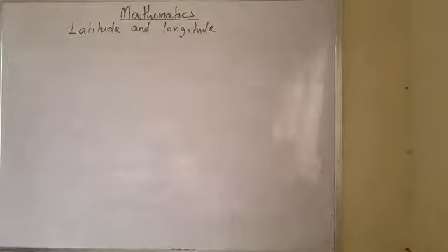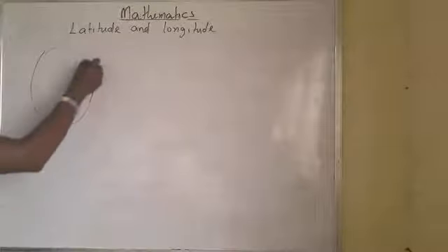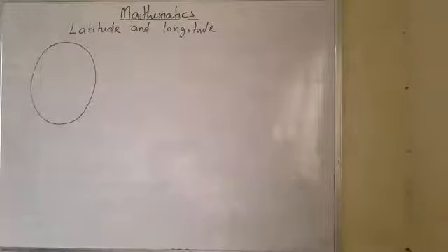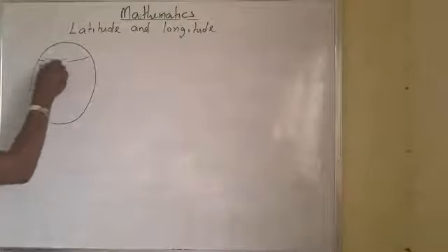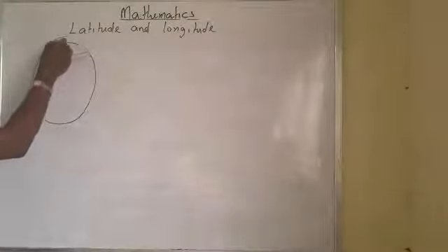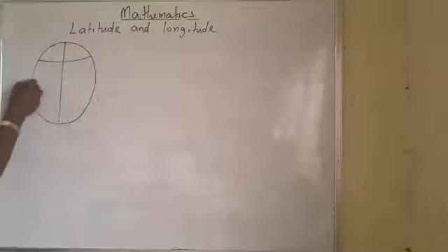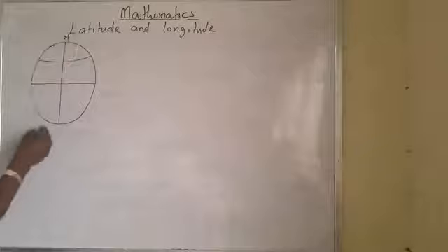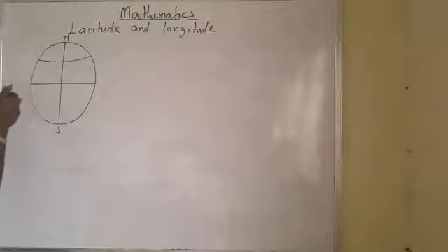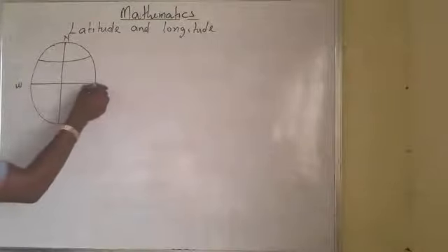Now, look at this problem. I've explained earlier in my previous video that when talking about a small circle, we are talking about latitude. Let me quickly indicate my North Pole and my South Pole. Very important. This is going to be North, this one will be South, this one will be West, and this one will be East.